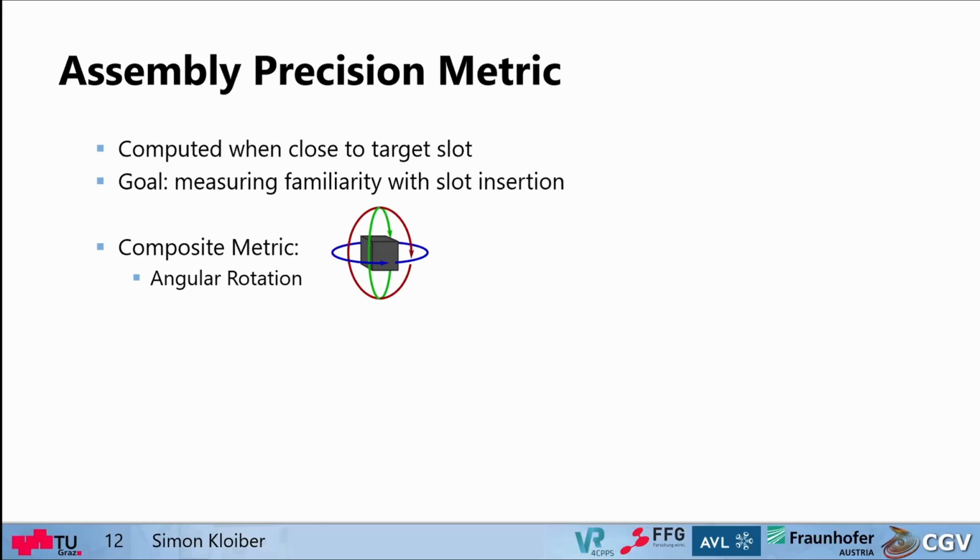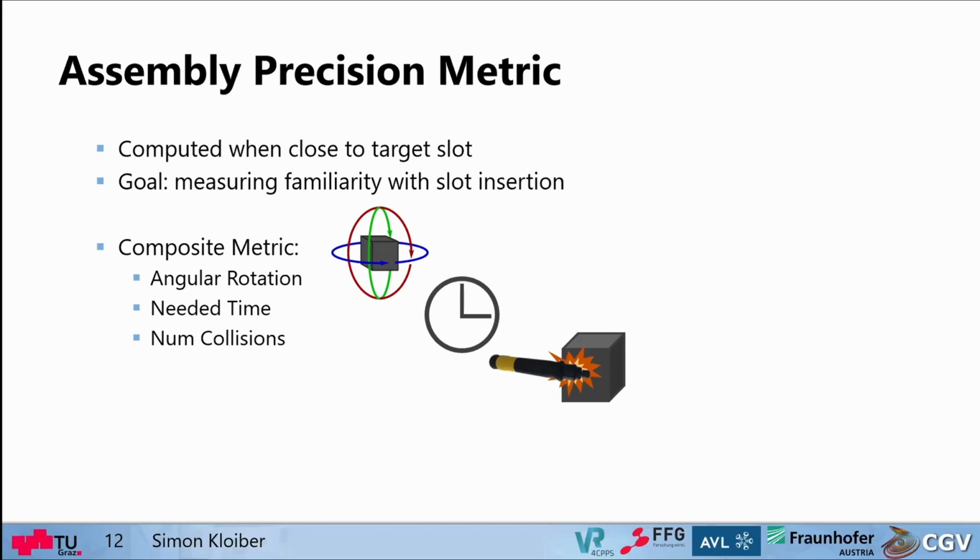It's a composite metric, and it consists of angular rotation, so how much a user is rotating it, the needed time from entering into these 20 centimeters, the number of collisions, which can also tell you a bit of the familiarity when they're fidgeting around or when you have a tight spot and the user doesn't quite know yet how to insert it properly. And a decisive measure which tries to describe the straightness of insertion.